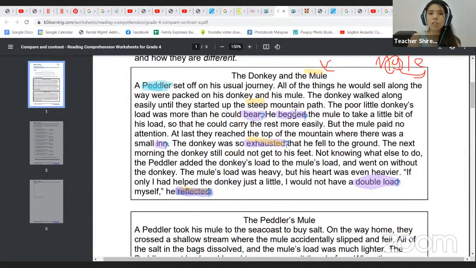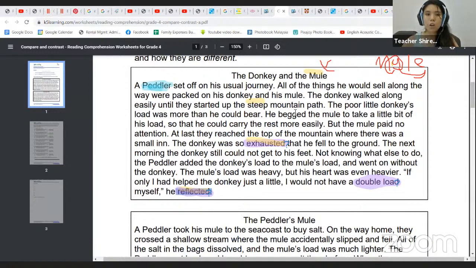The next morning, the donkey still could not get onto his feet. Not knowing what else to do, the peddler added the donkey's load to the mule's load. So you see, the mule earlier was the one to help. Now the donkey is totally exhausted, so the mule has to do all the work. Exhausted 的话就是累, tired.